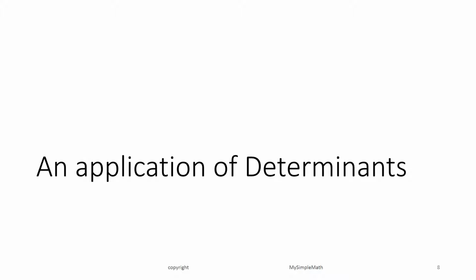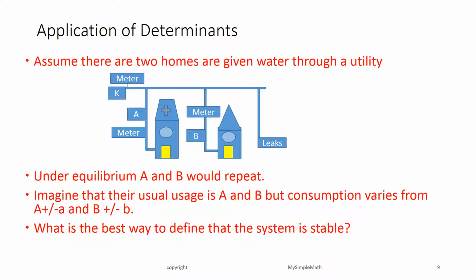See, now we know that determinants can be expressed as a property, but let's see a possible application of determinants. Let's take a simple system of water supplied to two homes with different meters and consumptions. So there's this home A and there's this home B. Home A has a meter right here and home B has a meter right here.